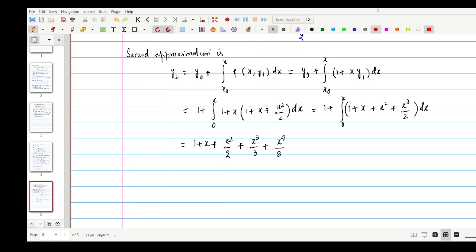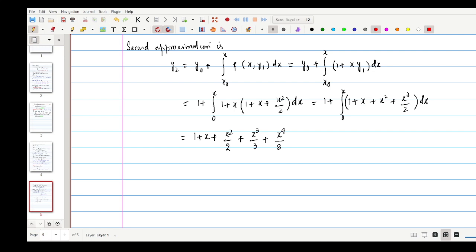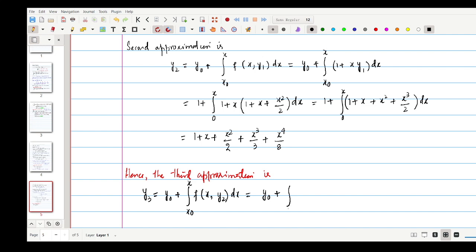Now as we are asked to find the first three approximations, hence we can find the third approximation, which we denote by y3, and defined as y0 plus integral x0 to x f of x, y2 dx. So which is equal to y0 plus integral x0 to x, now f of x, y2, that's equal to 1 plus x y2 dx.